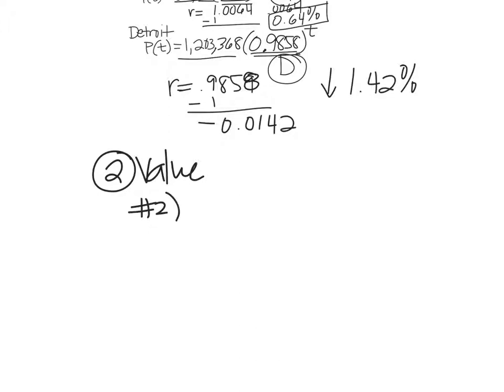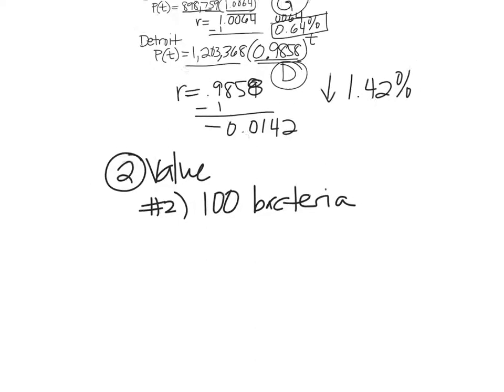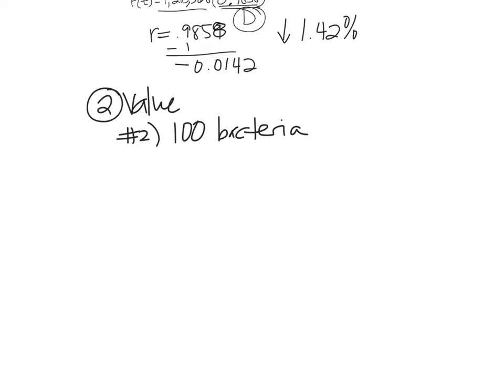Number 2. It says that I have 100 bacteria in a petri dish, and this is going to double every hour. Okay? It's going to double every hour.